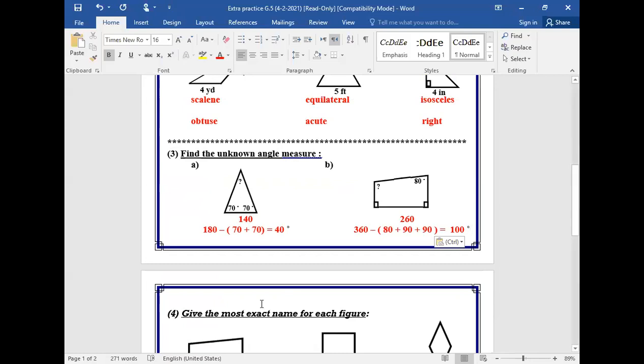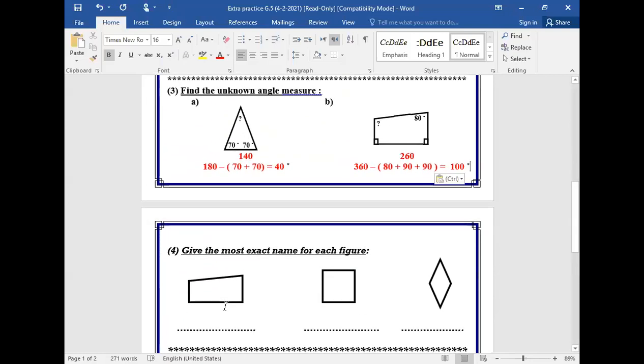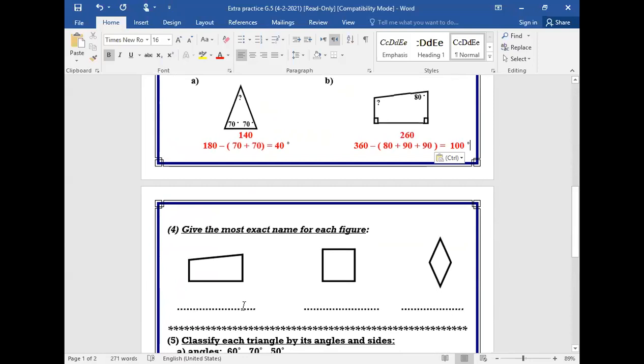Okay. The next exercise: give the most exact name for each figure. So this is very easy. What is the name of the first figure?